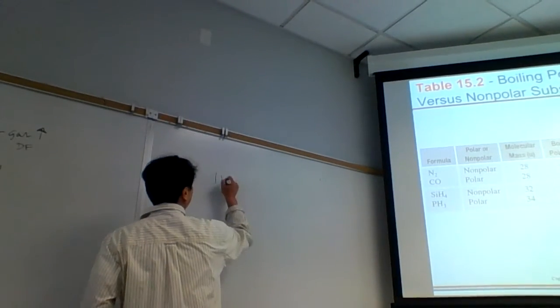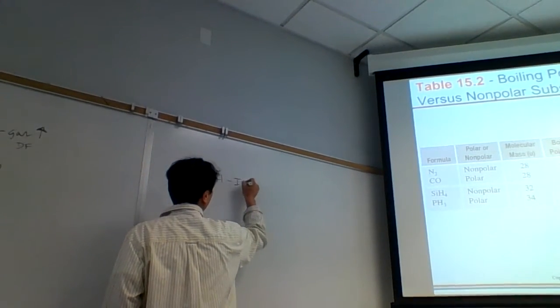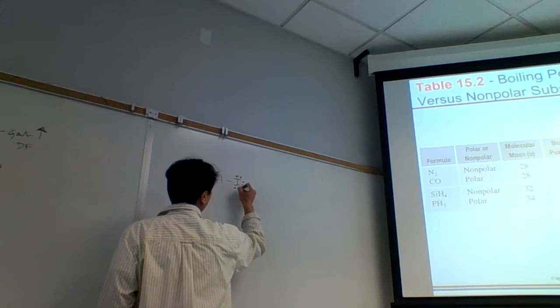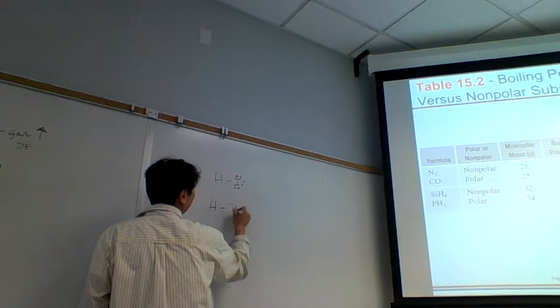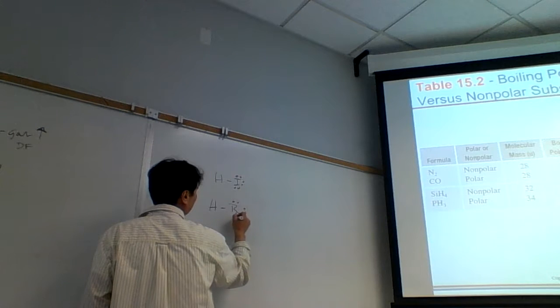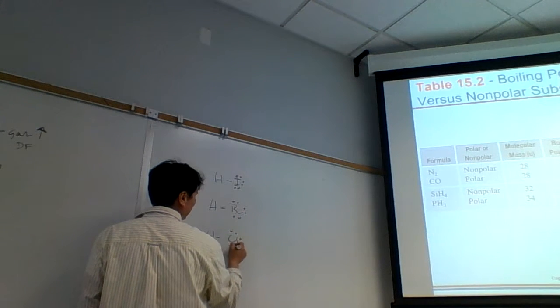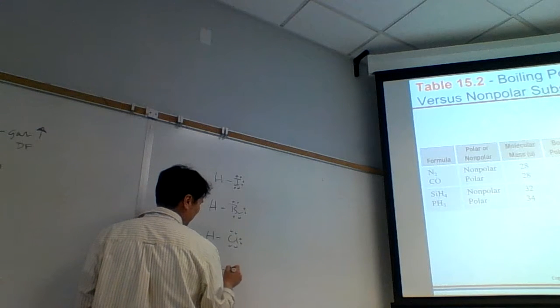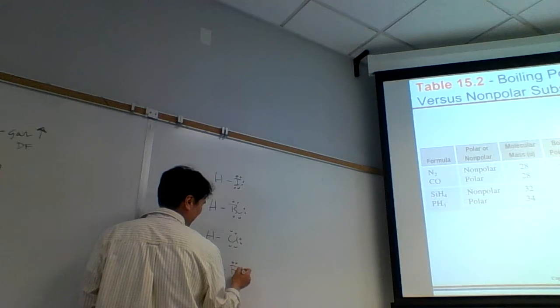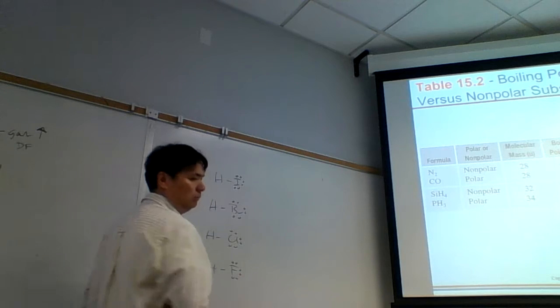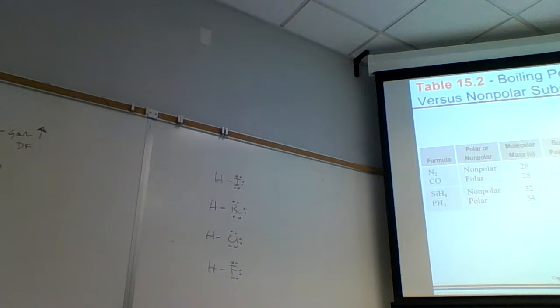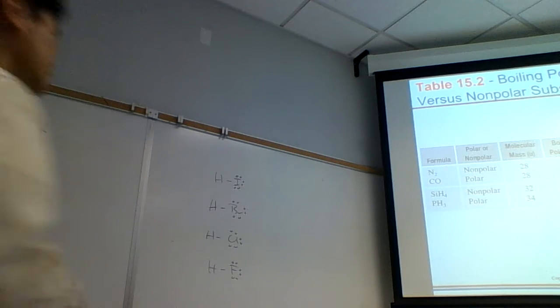The trend we're going to look at is HI versus HBr versus HCl versus HF. When we analyze these, the first thing we look for is whether there is a permanent dipole.